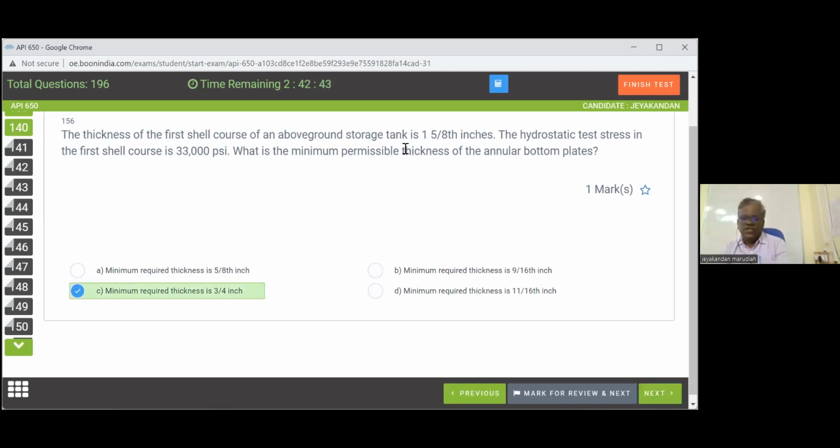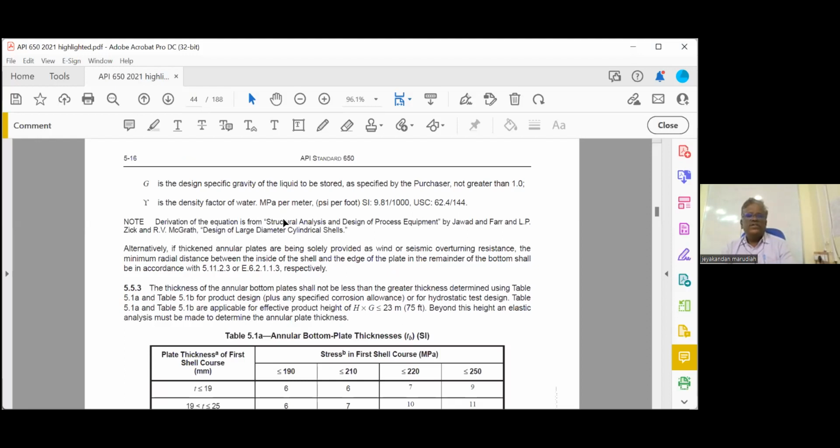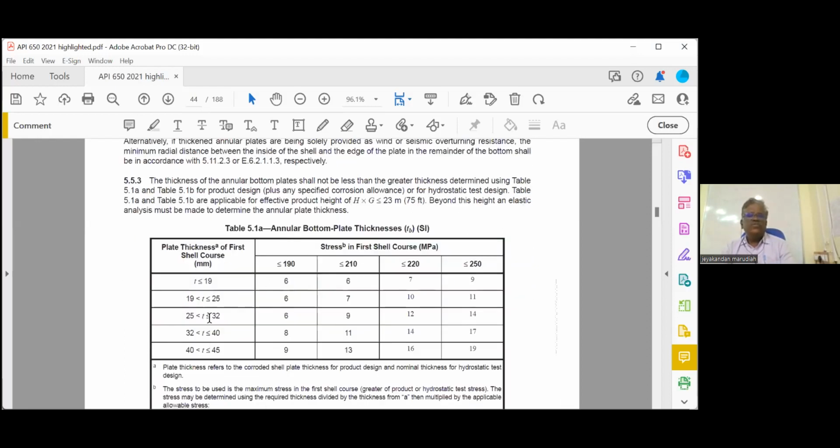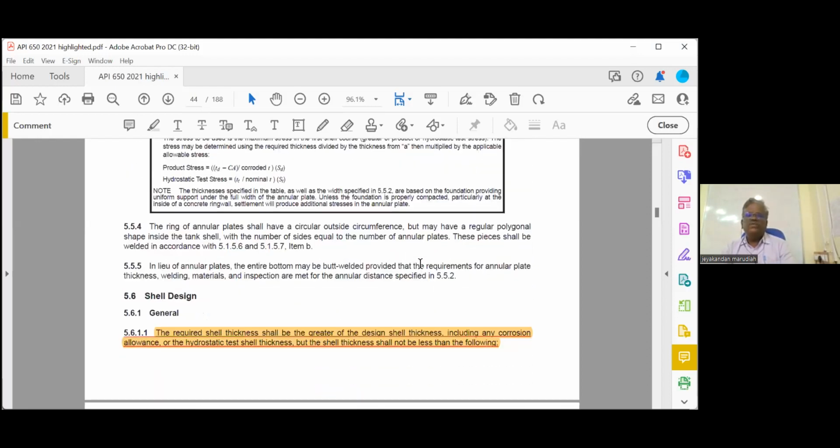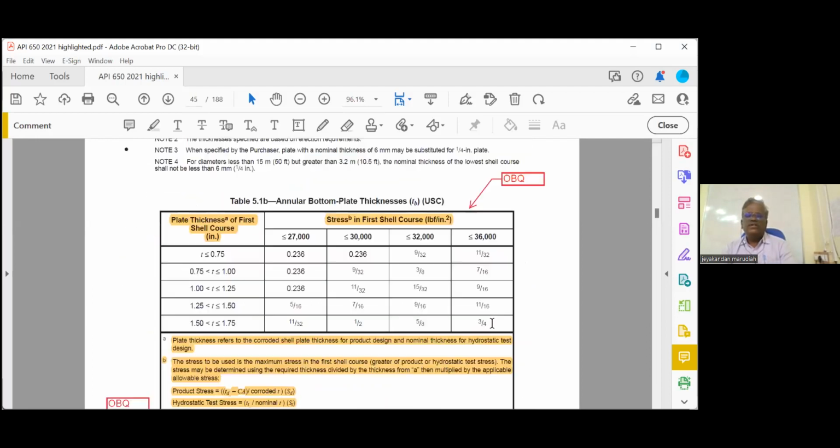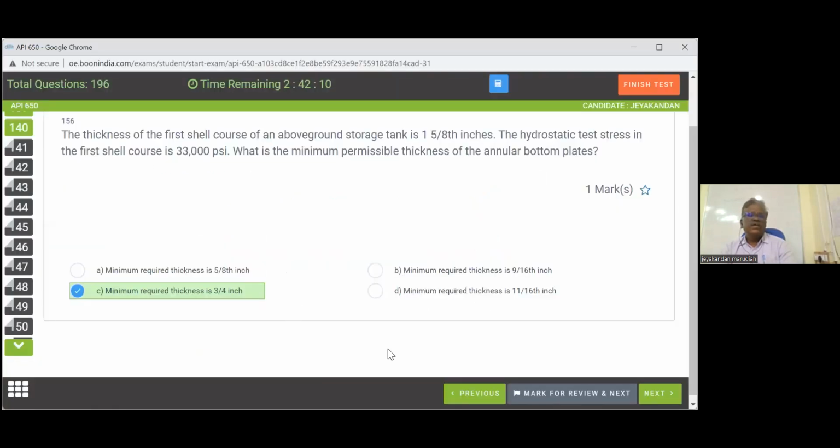First you should know what is meant by 5/8: 5 divided by 8 is 0.625, so 1.625, and the stress is 33,000. So 1.625 will come here, last one, and 33,000 here. So the answer is 3/4 inch, right? Okay, 3/4 inch.